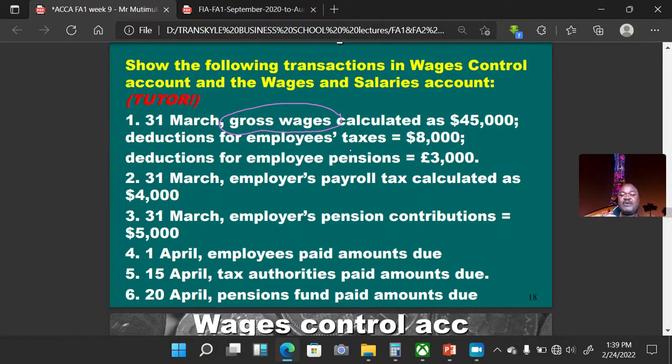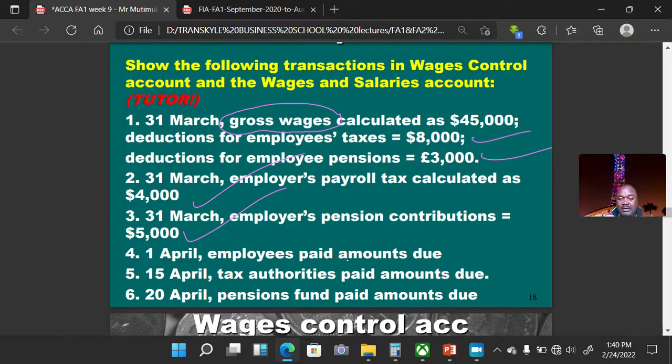Then deductions for employee taxes were 8,000. Deduction for employee pensions 3,000. On 31 March again, employers' payroll tax was calculated as 4,000. On 31 March, employers' pension contributions 5,000.